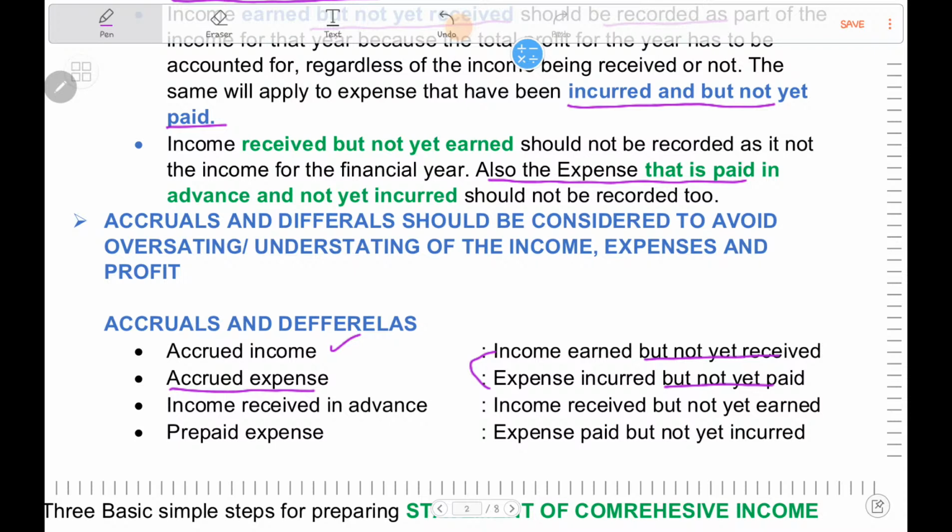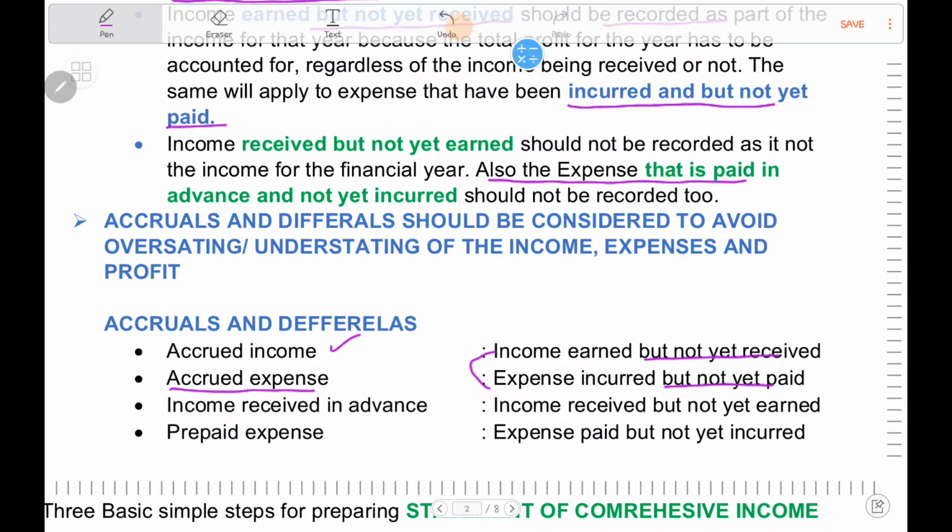When we prepare the statement of comprehensive income, if we come across any adjustment that tells us there is an expense that has been incurred but not yet paid, or an income that has been earned but not yet received, then we just add them simply because they form part of that particular financial year, irrespective of them being received or paid. It doesn't matter.